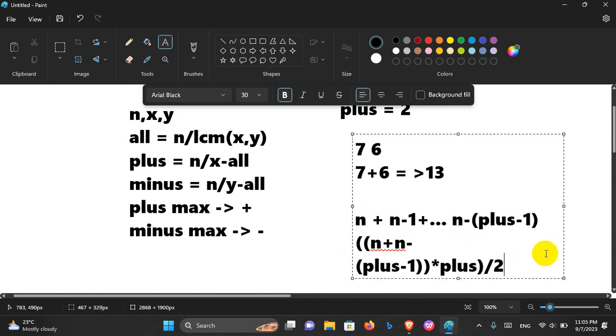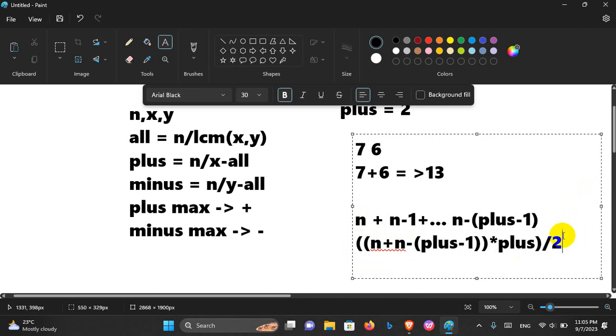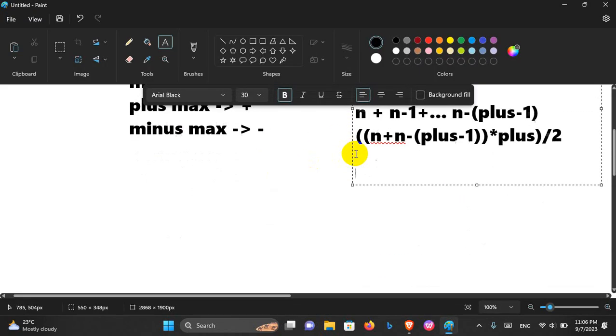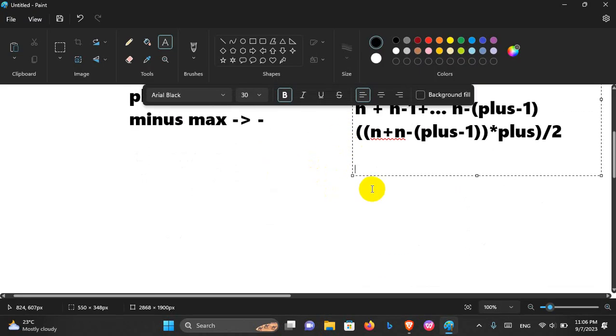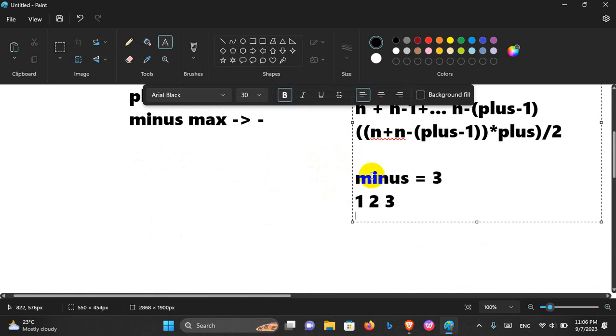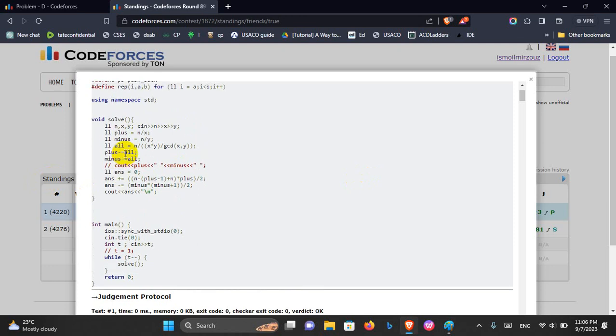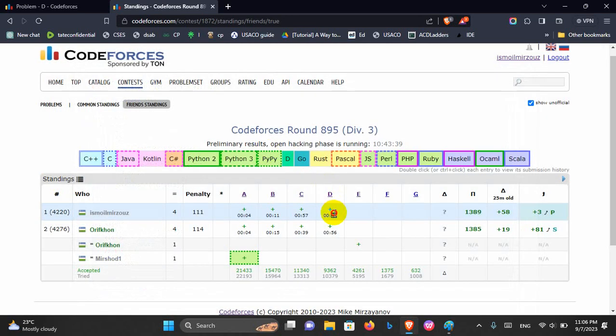So this is some mathematics, and we will add this. When it comes to minus, we need to get the minimum ones. For example, if minus is 3, we will get 1, 2 and 3, so it's n times n plus 1 divided by 2. I use this, and if you do this, the answer would be correct.